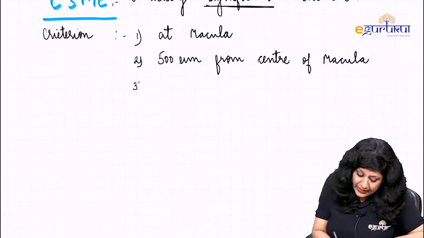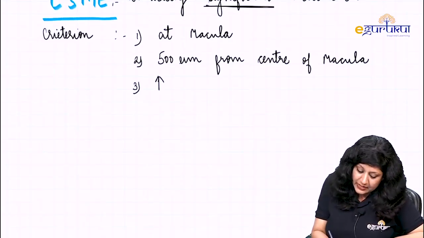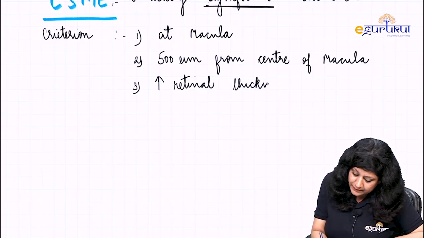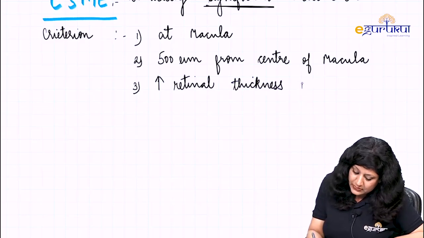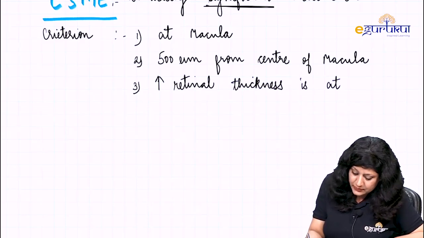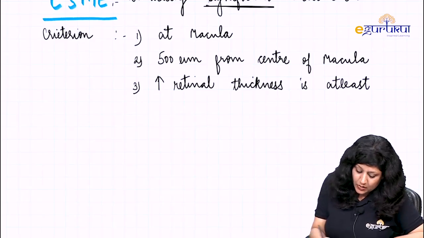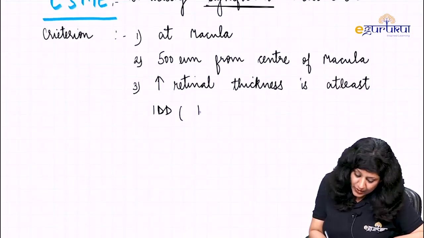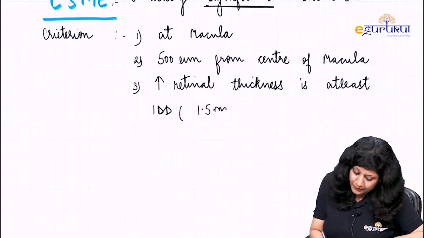And the third criterion is that the increased retinal thickness is at least 1 disc diameter, that is 1.5 mm.